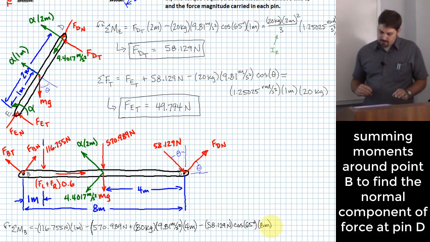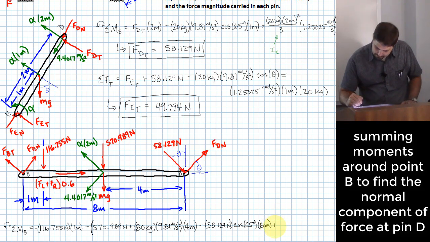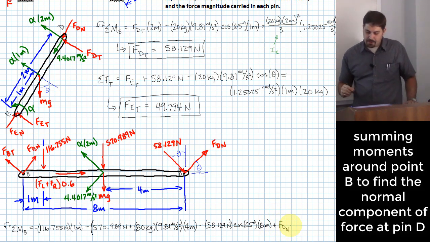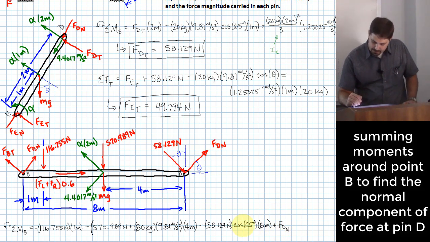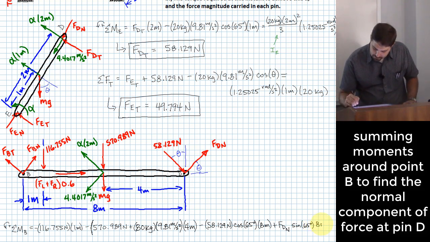Okay. But then I also have this FDN. That's going to tend to create a counterclockwise rotation. I don't want the whole FDN, though. I want just the vertical component, which means I have to multiply it by the sine of 65 degrees and multiply all that by 8 meters as well.